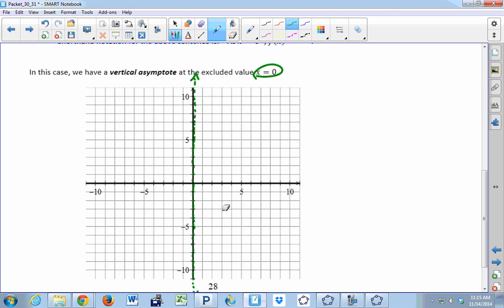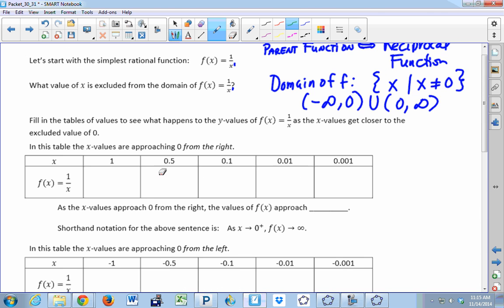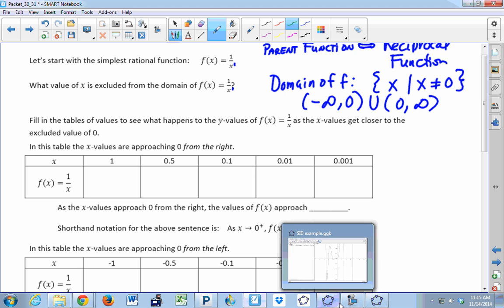So let's just play around with this. Let's pick some values and see what happens to the value of my function when I get really close to this excluded value. There must be a reason why this value is excluded. We know what the reason is. But what happens if you try to hang out with this number? What happens to your behavior? All right, so we're going to see.